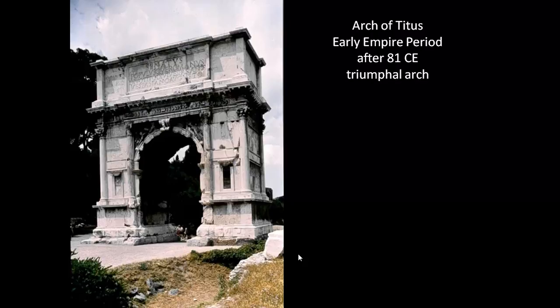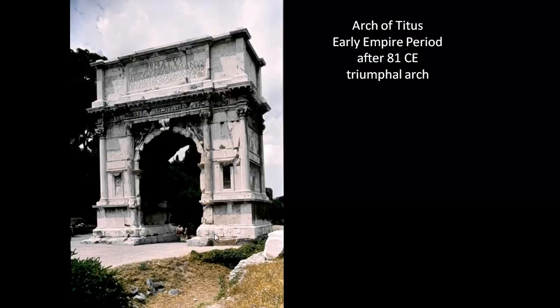Now, with this long history, we do see subtle changes that happen in the triumphal arch over time. One thing, though, that really never changes is the shape of the arch. You can see it's basically this rectangular shape with the archway cut through. That stays the same. The other thing that always stays the same is the function.